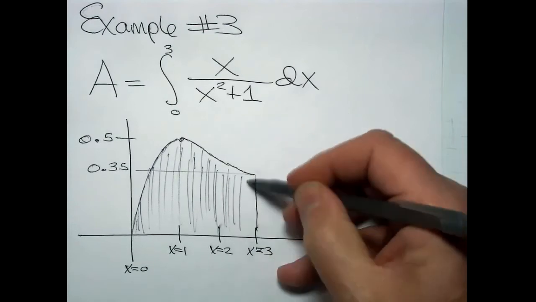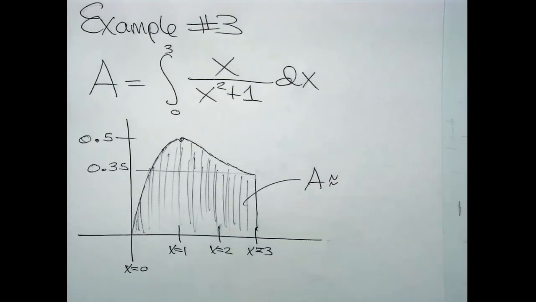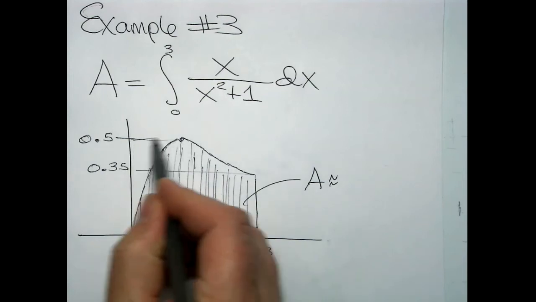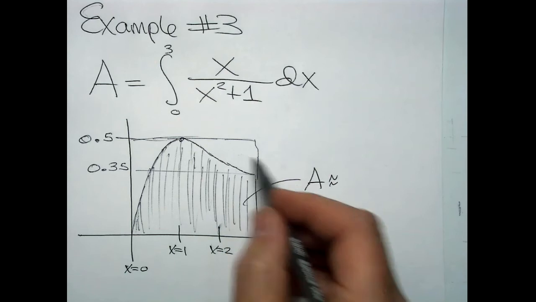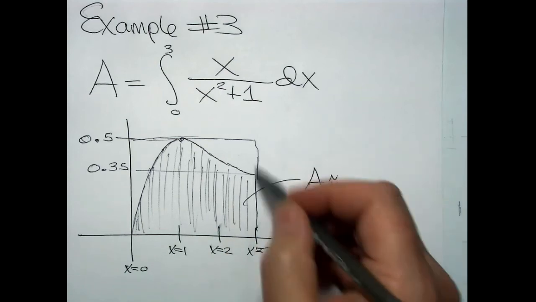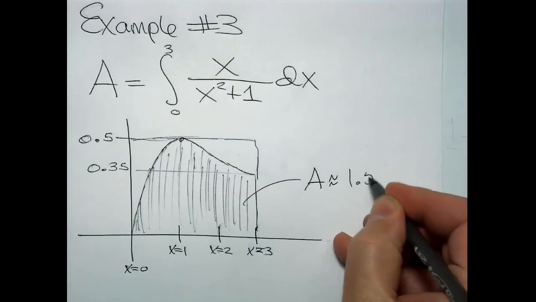So if you had to guess the area on this thing, let's come up with a rough approximation. Well, if we were to draw a rectangle here, it's roughly 1, 2, 3 times 0.5.